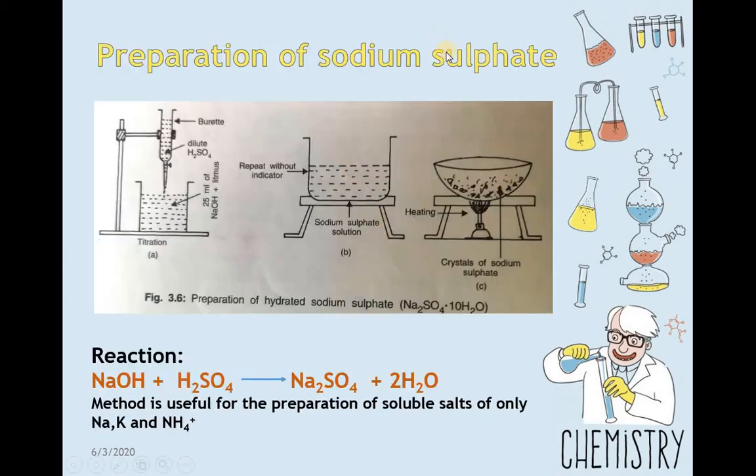Now come to the preparation of sodium sulfate. How to do it? See, here again the titration process is shown. Take 25 cc of sodium hydroxide solution and a drop of indicator. Here it is shown as litmus. You can take litmus also, you can take phenolphthalein also.